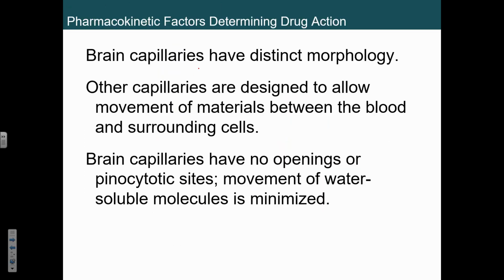Brain capillaries actually have a really interesting morphology. They actually limit the way that molecules can hop out of the capillaries, right? Most places there are these holes called fenestrations, from the Greek word for window. So if you throw something out your window, you have defenestrated it.